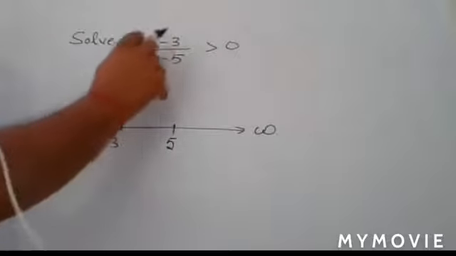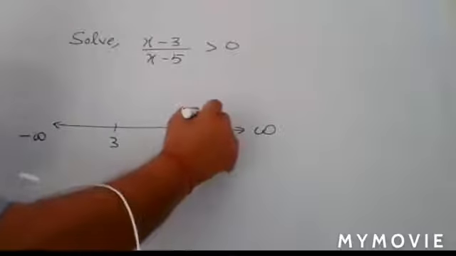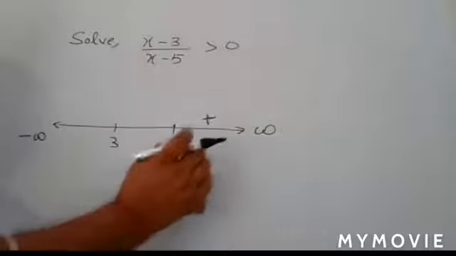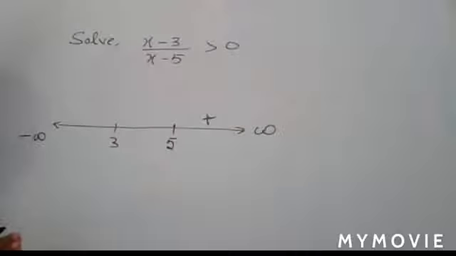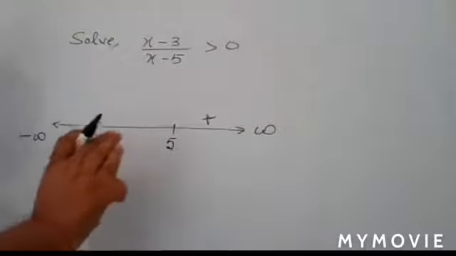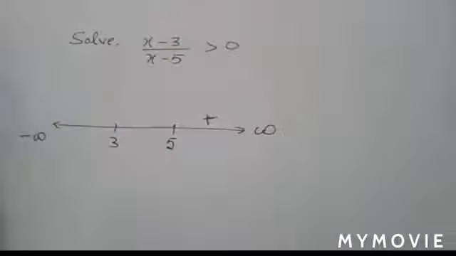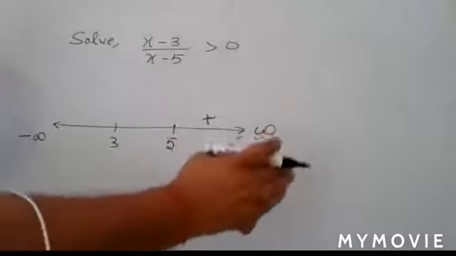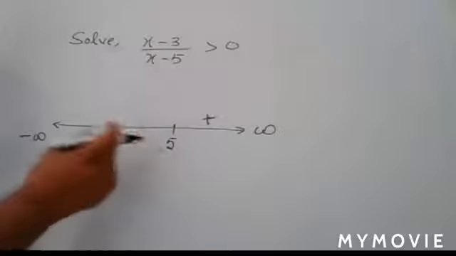You see that the sign of the fraction becomes positive. So if you find the sign of one extreme interval, either the rightmost or leftmost region, generally you check the rightmost region. That is positive.